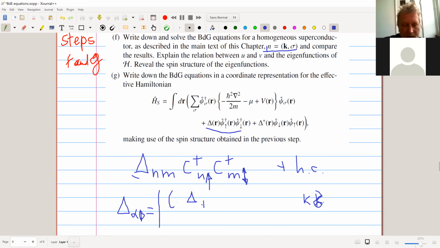There is no delta for same spins. There could be none, because it has to be antisymmetric. So here I have delta for up, down, and here minus delta for down, up.